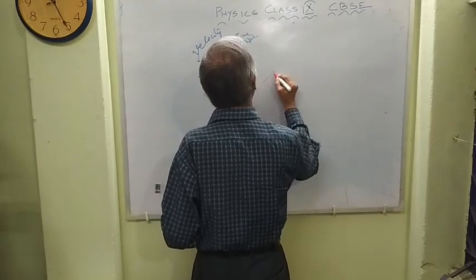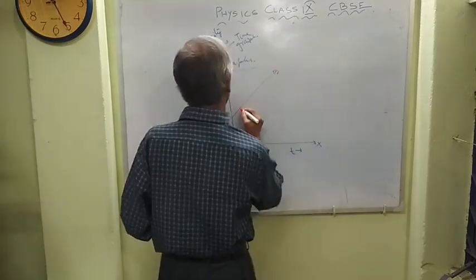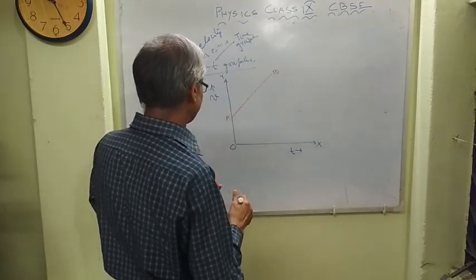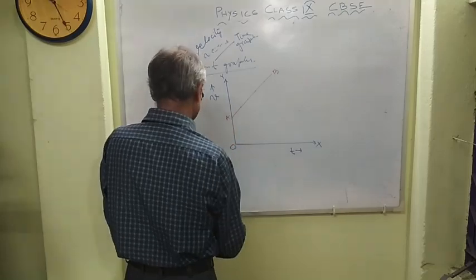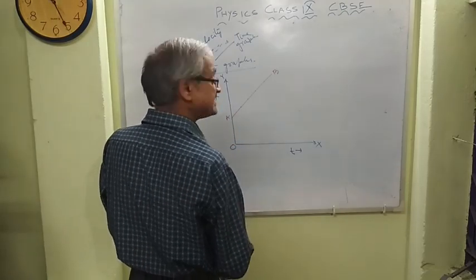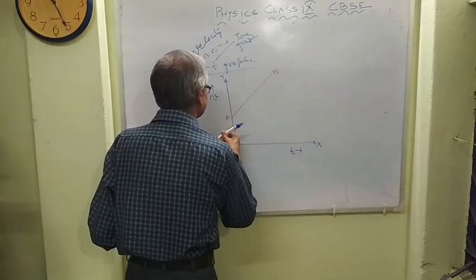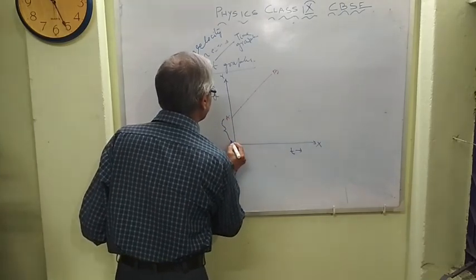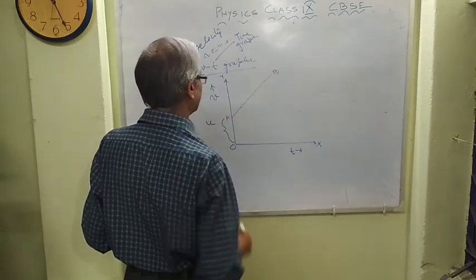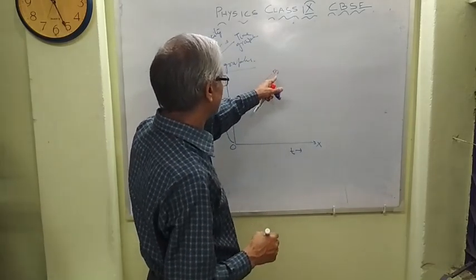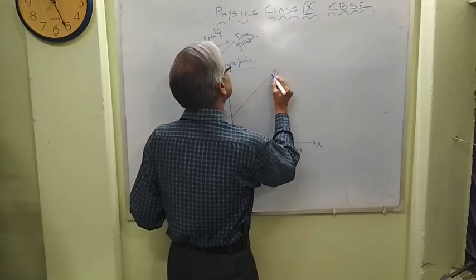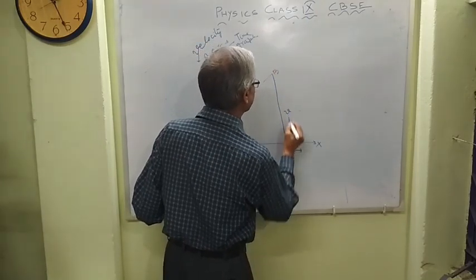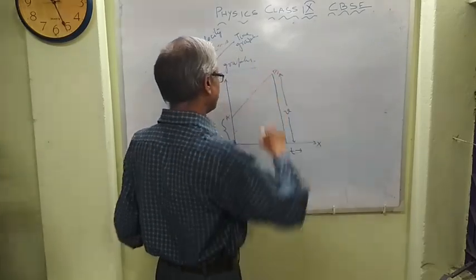AB will be the velocity time graph. Here, O to A denotes the initial velocity U. And if we draw a perpendicular from B on the x-axis, this will be the final velocity.